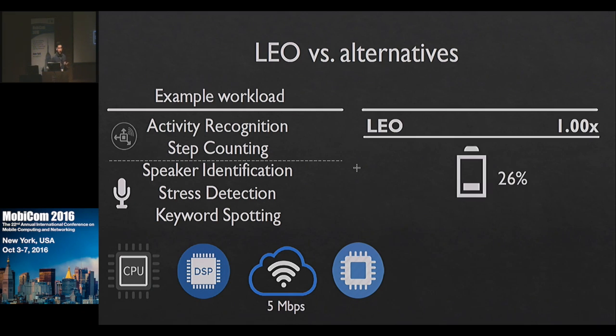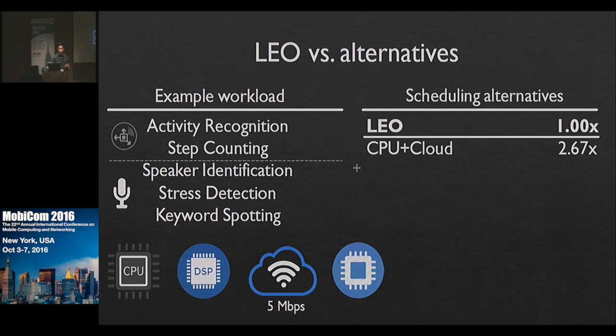So to produce this workload so that we have the sensor-based applications running continuously in the background, we will consume roughly 26% of a 2,300 milliamp hour battery to process the workload of these applications over the course of a day under the schedule computed by Leo.